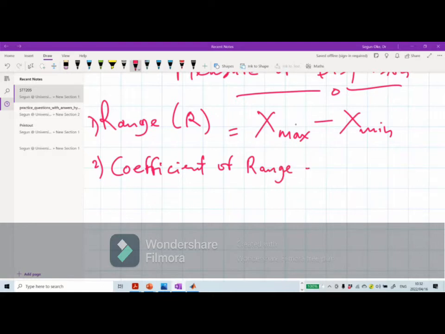They can ask you to calculate coefficient of range, meaning x maximum minus x minimum over x maximum plus x minimum. Please take notes.